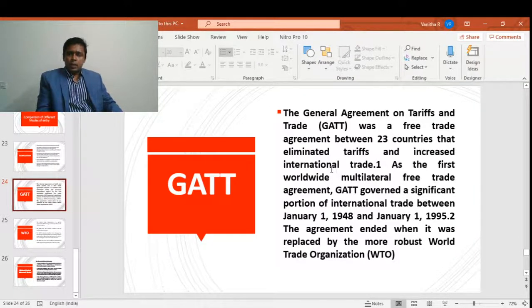But GATT never used to address the issues when bilateral or multilateral, a smaller number of countries, had their own agreements.